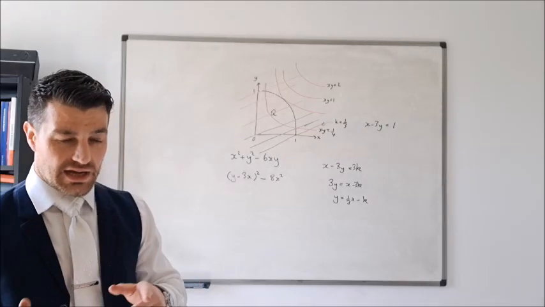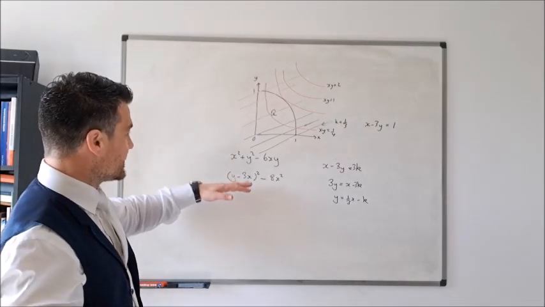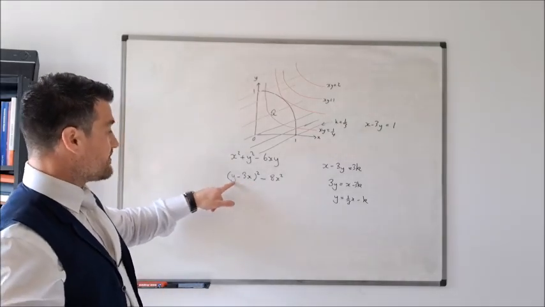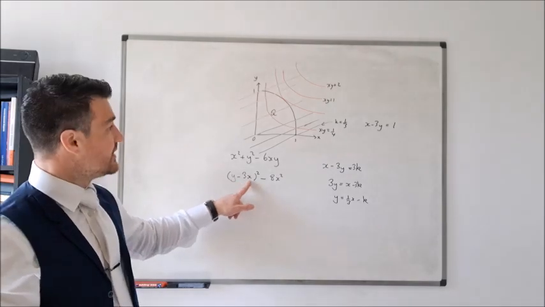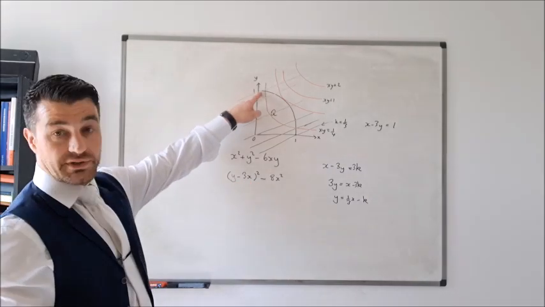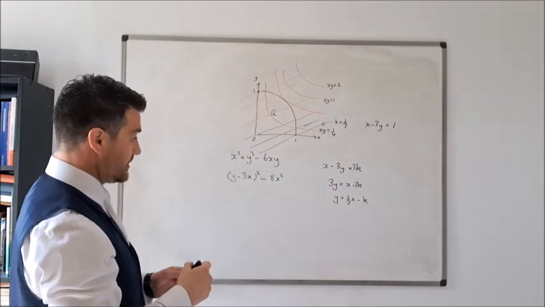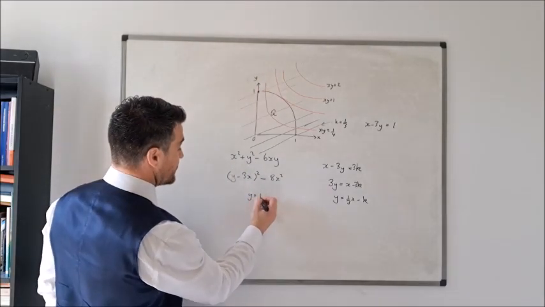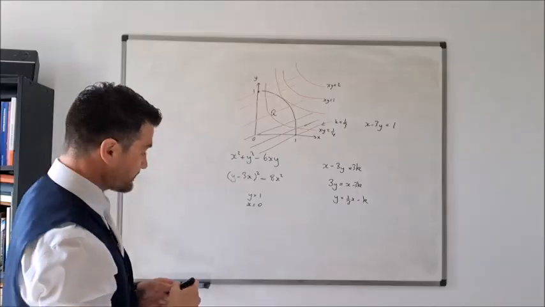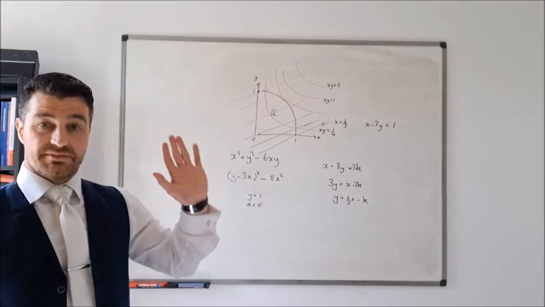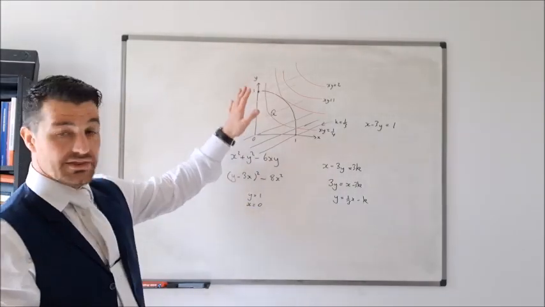I've not actually gone through with the full calculation for this, but for this you would have to maximize y, minimize x, which is going to correspond to this point here. Okay, so this is another point that you might get. So when y equals 1 and x equals 0, that maximizes the value of this in the region Q.